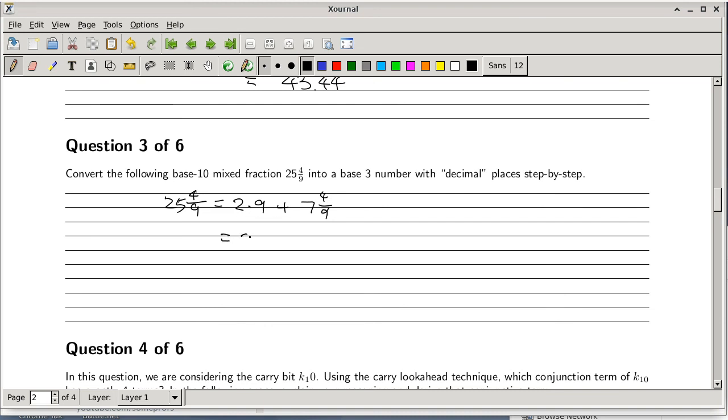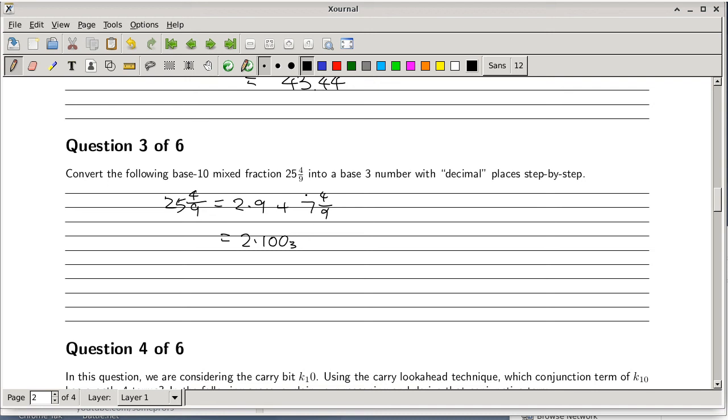Now I can say this is 2 times 100 in base 3. Do we have any questions about why the quantity of 9 is written as 100 in base 3? Because it is 3 to the power of 2. When 3 is the base and you have that base to the power of 2, it is 1 followed by the number of zeros that is the same as the power.